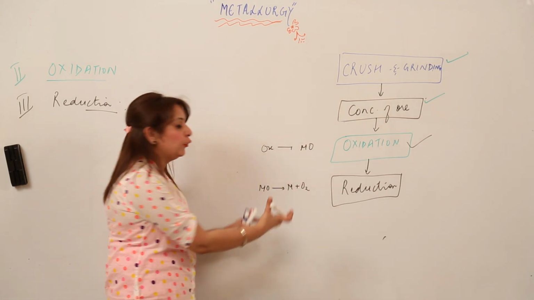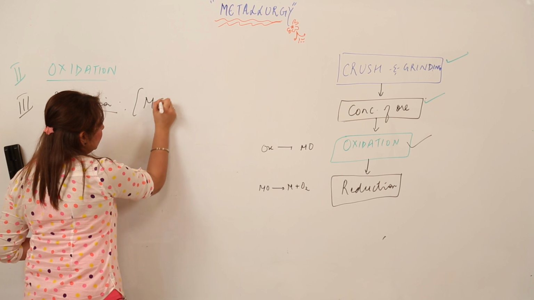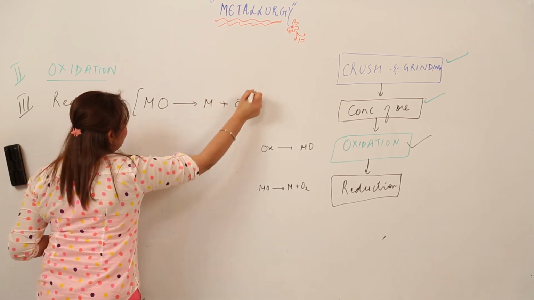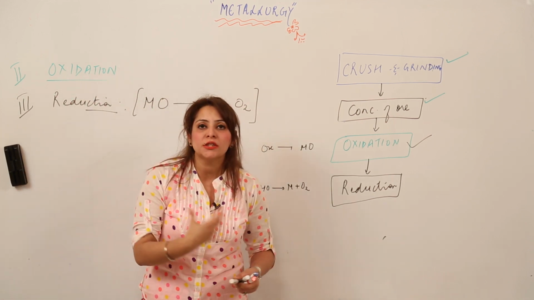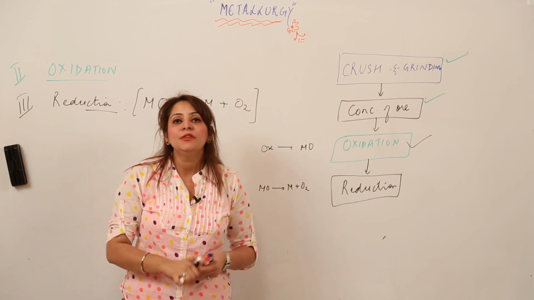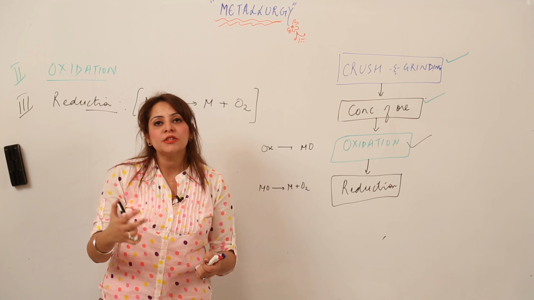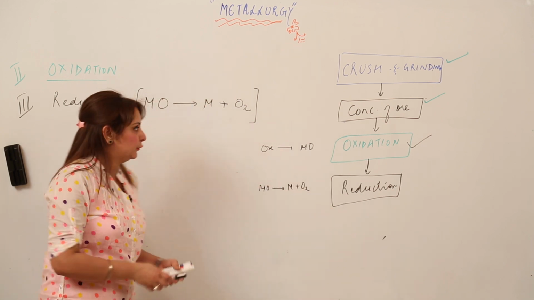This is what we want in reduction, right? Reduction means conversion of metal oxide into metal and oxygen, or you can say it is a method employed to separate oxygen from the metal, so that we can get the metal, purify it, and use it in a ready to use form, right?